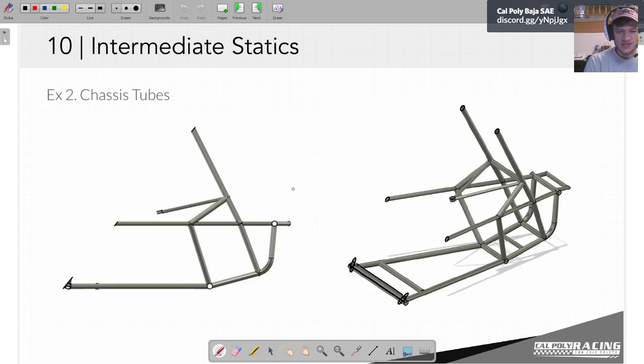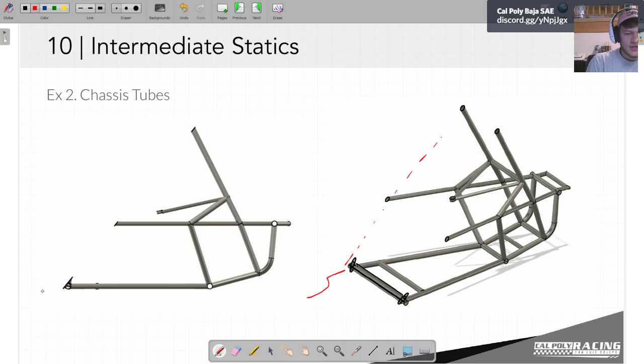We'll make a 2D simplification, right? The chassis, other than the one diagonal bar in the firewall, and I guess there's a little thing back here, but other than that, it's pretty much symmetrical. I think it's a fair assumption to say that it's going to be even on both sides. So that'll simplify this to a 2D problem for us.